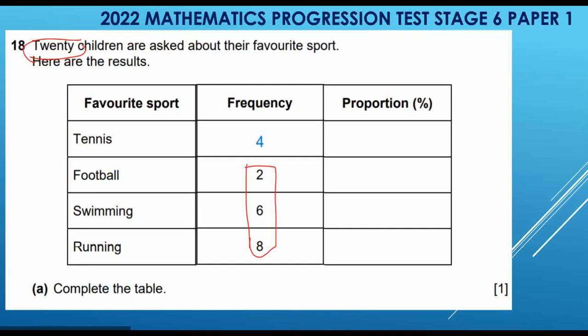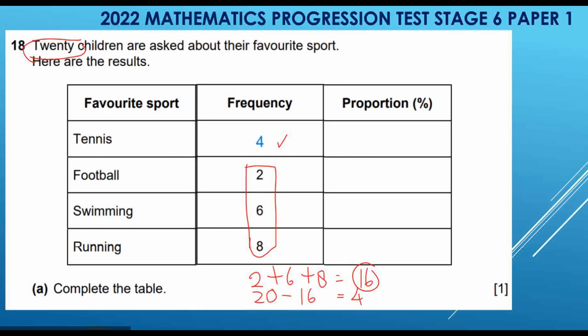So if we add this up, 2 plus 6 plus 8 is equal to 16. Now to make 20, 20 minus 16, we get 4. That's how we got this 4.